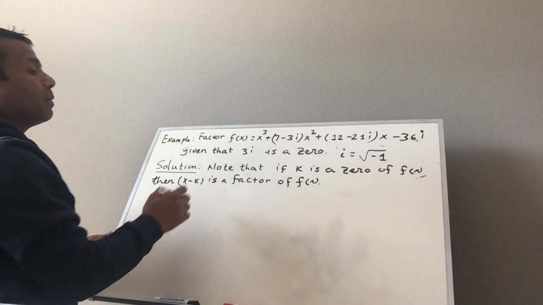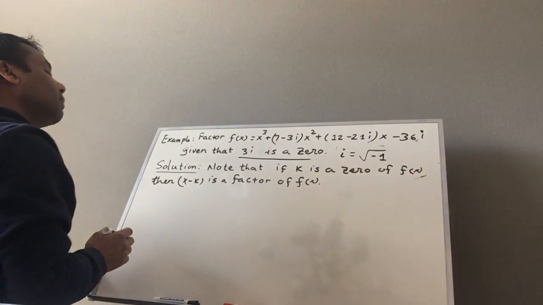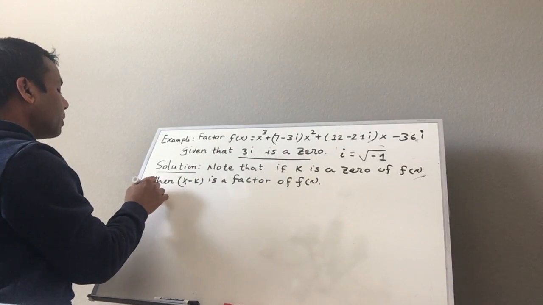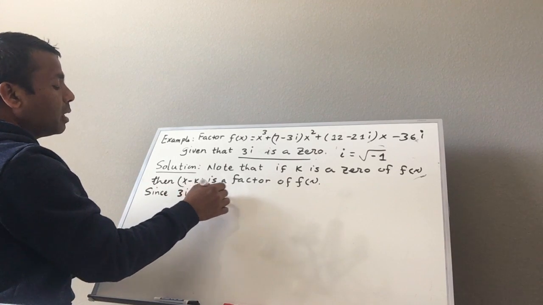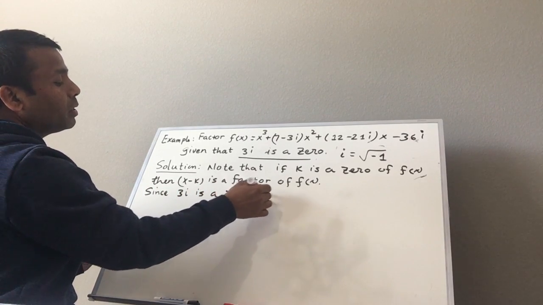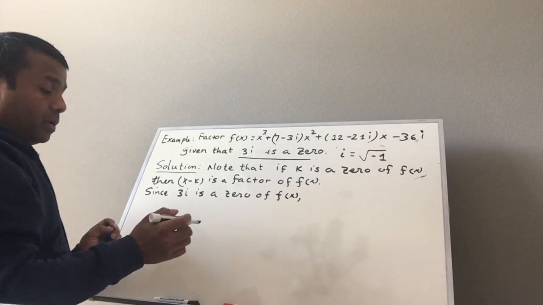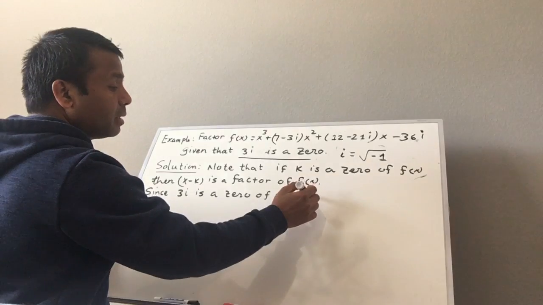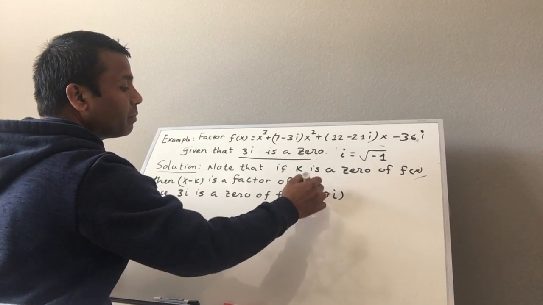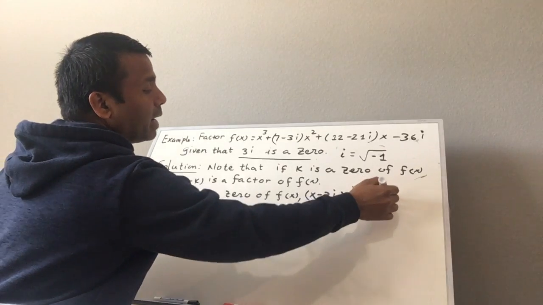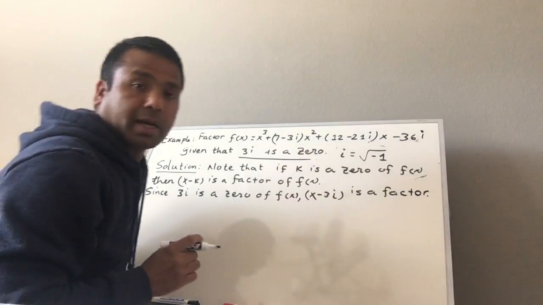So now here it is given that 3i is a zero, so this implies, since 3i is a zero of f(x), x minus 3i is a factor. X minus 3i is a factor.